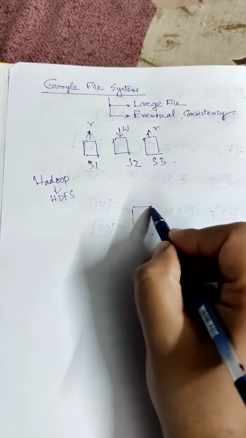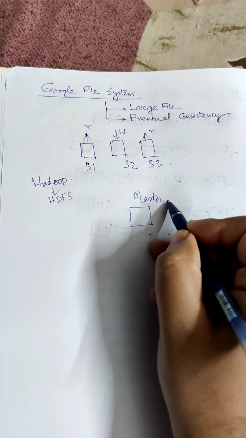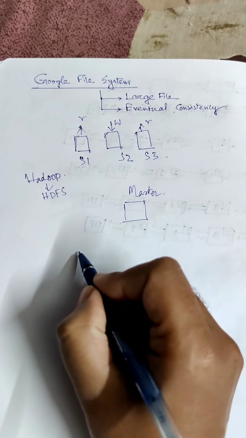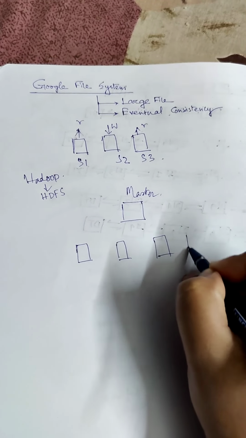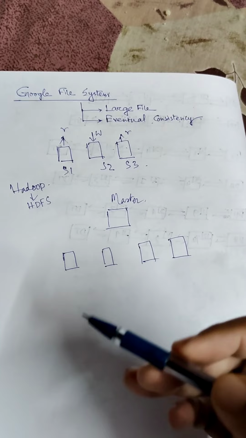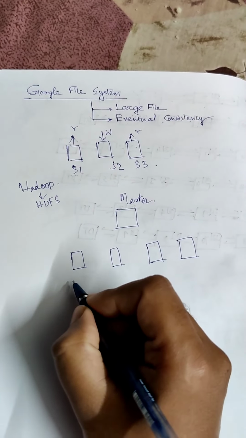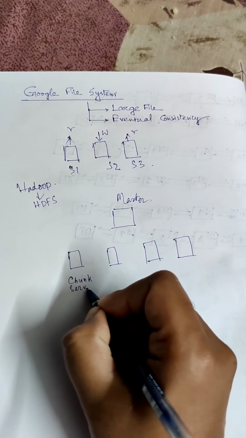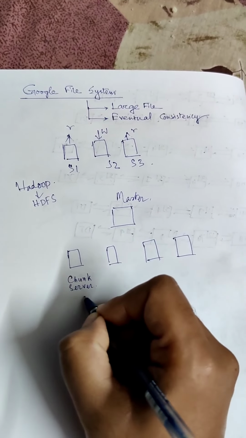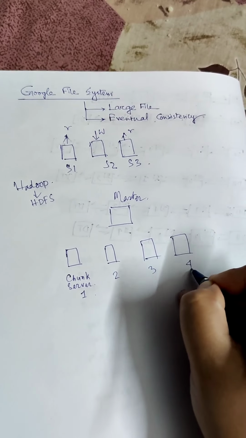So, the architecture. First we have a master, and then we have some slaves, and these slaves are nothing but chunk servers. They are termed chunk servers in the way they are described in the Google File System. These chunk servers will have a specific ID to designate them, like chunk server 1, chunk server 2, chunk server 3, and chunk server 4.